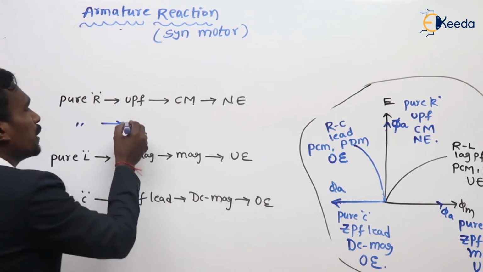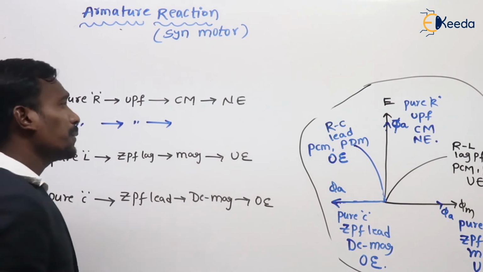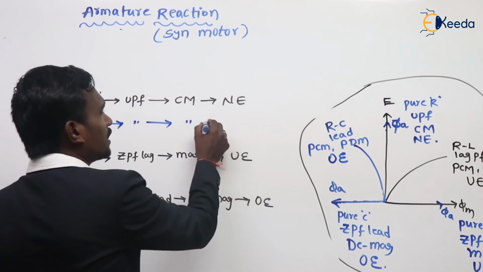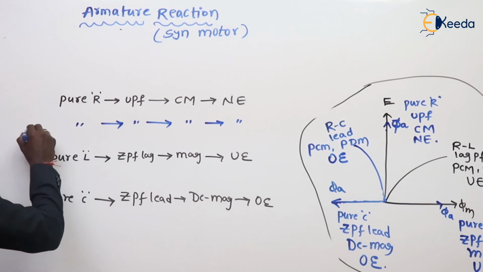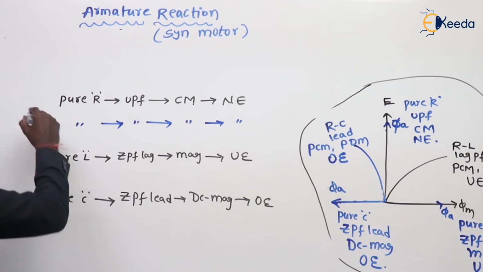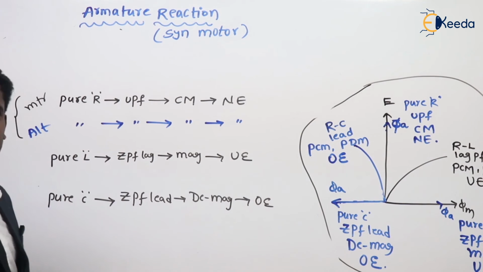Wherever you go, pure resistive load means unity power factor, cross magnetization, and normal excitation. Everything is the same for alternator and synchronous motor.